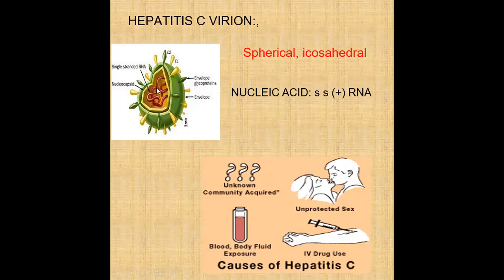In the other one, we see a double strand DNA is present, but in the hepatitis C virus, a single strand is present, along with a nucleocapsid. This nucleocapsid layer gives protection. Then there is an envelope outside of it, and on this envelope there are glycoproteins present.